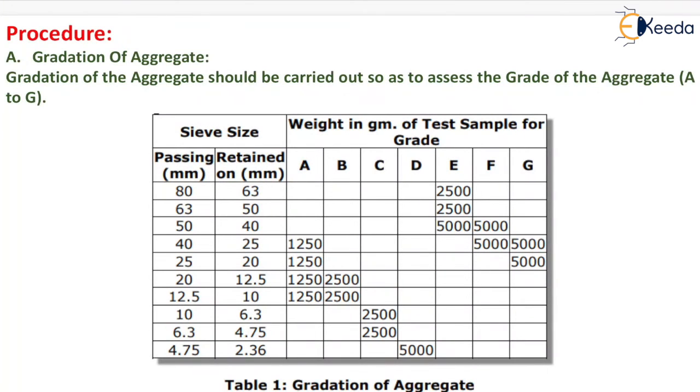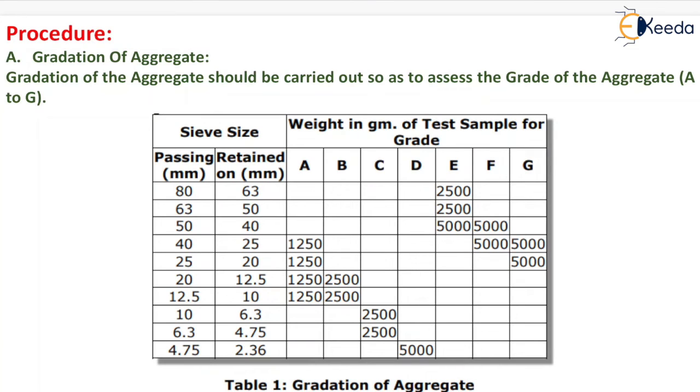Now the procedure of abrasion test. First one is gradation of aggregate. Gradation of aggregate should be carried out so as to assess the grade of the aggregate A to G. Now in this table, in the first column, sieve size is written, that is the passing sieve and the sieve on which the material will be retained, and in the next column the grade of aggregate is written with weight.